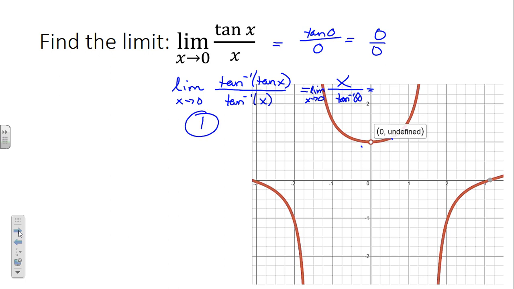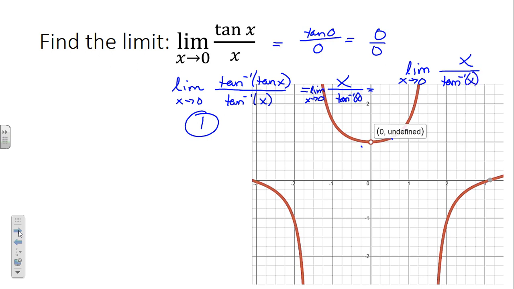Okay, which is why the graphing calculator still could come to the rescue at times. Despite our best efforts, we may not be able to do anything that can eliminate things. So the bottom would have said the limit as x goes to 0 of x over the inverse tangent of x.